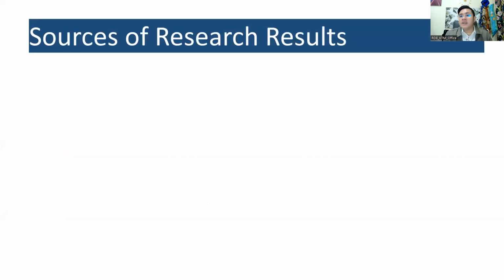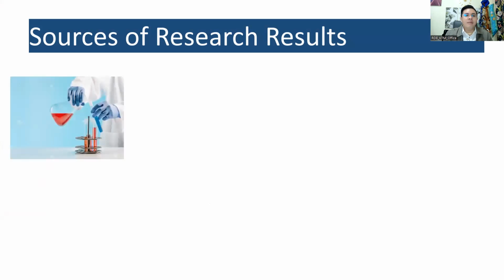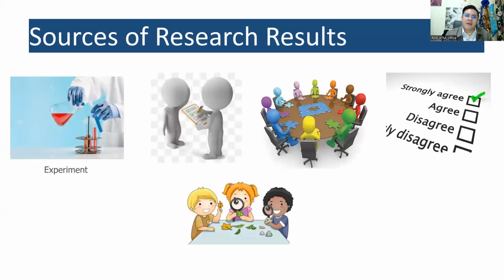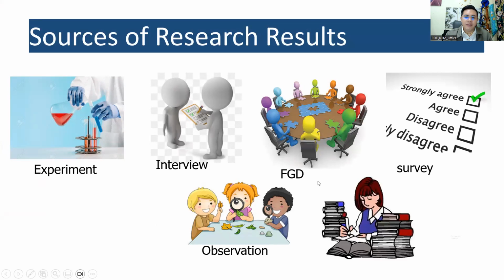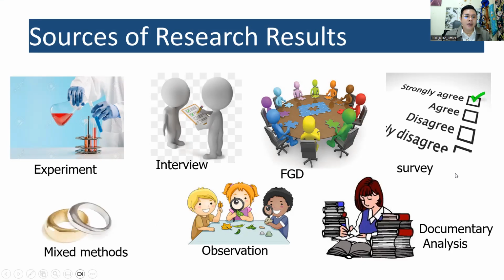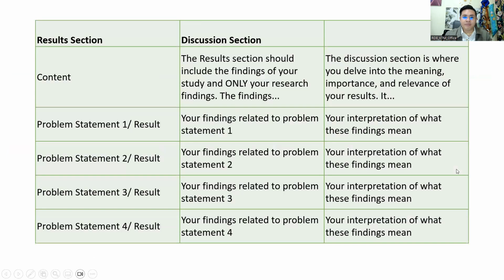The sources of research results will come from different designs like the experiment, the interview, the focus group discussion, the survey, and even observation. You can combine all of this, for example through documentary analysis and the use of mixed methods, when you combine two or more research designs in the study.